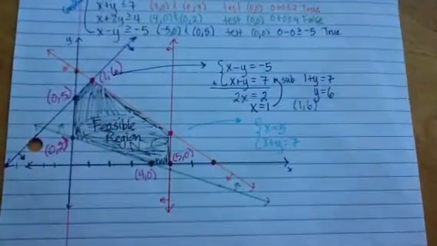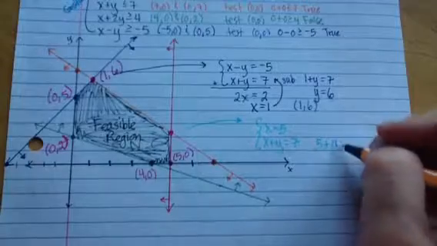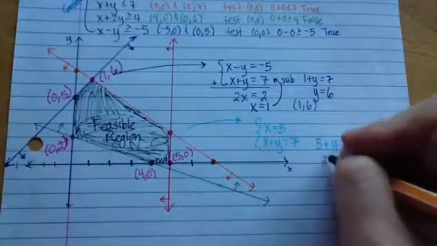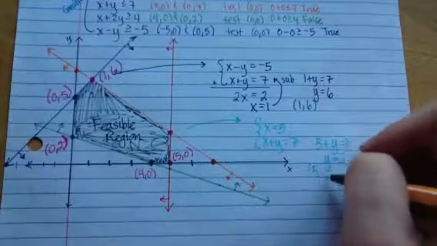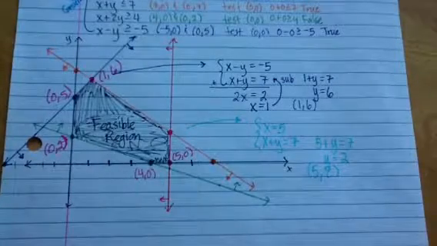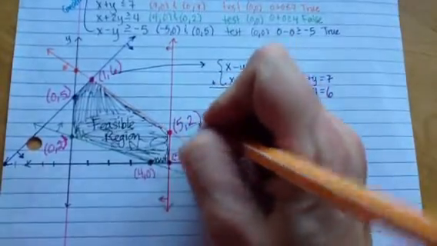I'll solve this one by substitution, so I'll substitute 5 in for x, so 5 plus y equals 7, gives me y equals 2. So the ordered pair will be 5, 2. We'll label that on our picture, 5, 2.